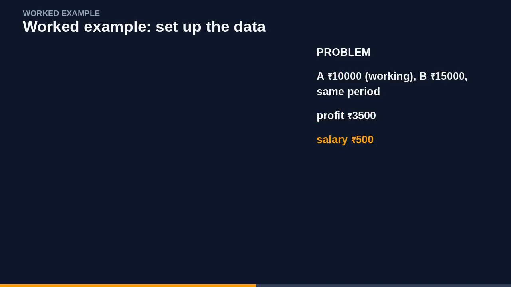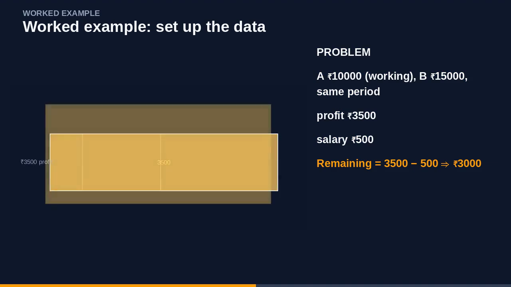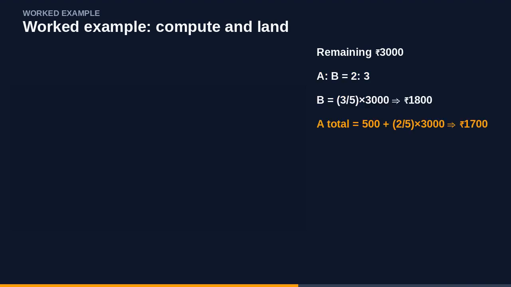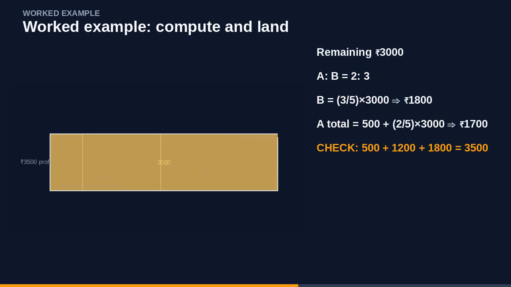Deduct A's rupee 500 salary, then divide the rest by investment weights. Remaining profit equals 3,500 minus 500, so rupee 3,000.